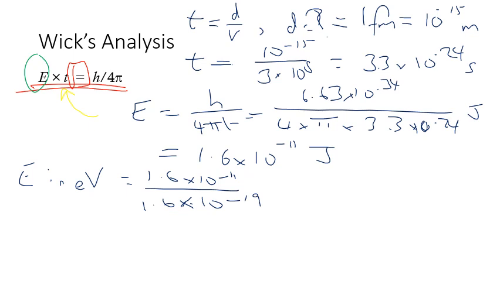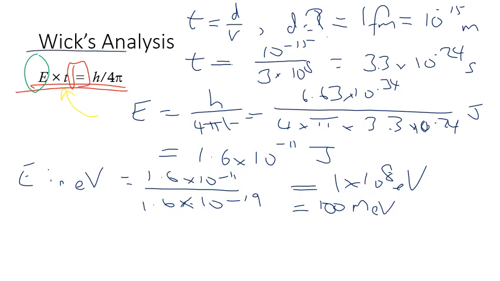And hopefully you don't need a calculator for that one. You can say that that's 1 times 10 to the 8 electron volts. And 1 times 10 to the 8 electron volts is equal to 100 MeV.